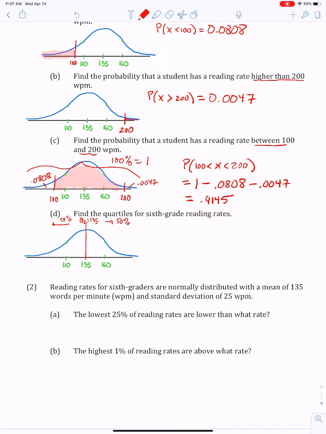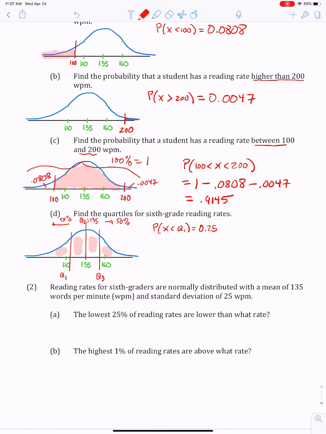Those are going to be the hard ones. I'm just going to make a little guess right here that the first quartile will be somewhere around right there, and the third quartile will be somewhere around right there. There's Q3. Now, if we've done it right, we should have that's 25%, that's 25%, that's 25%, and that's 25%.